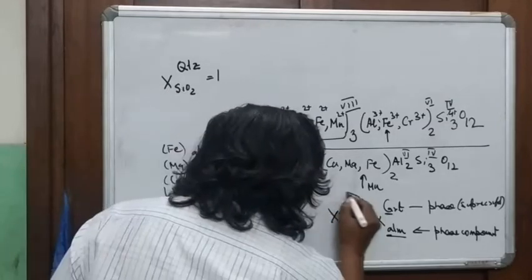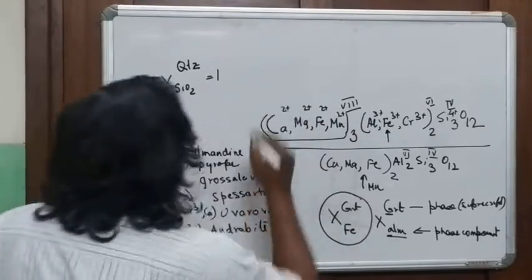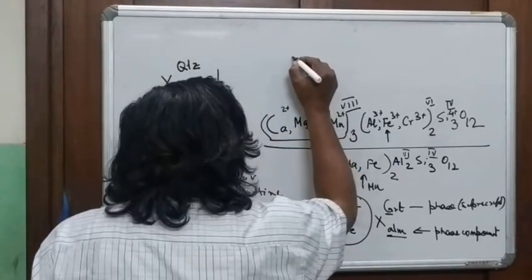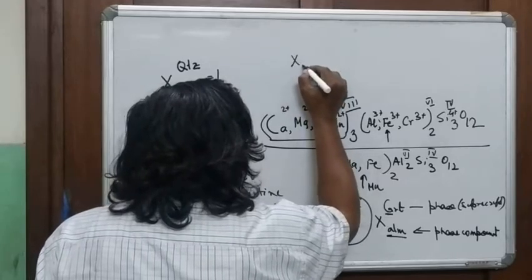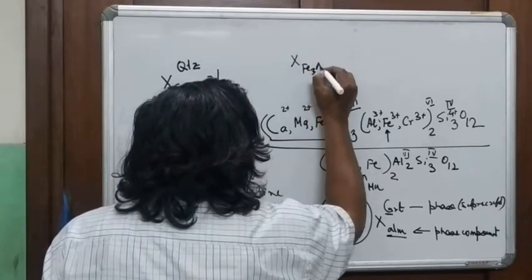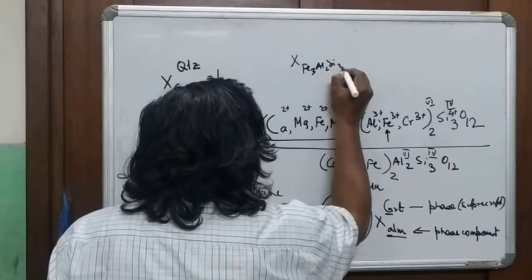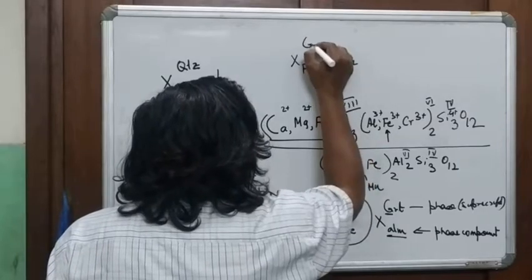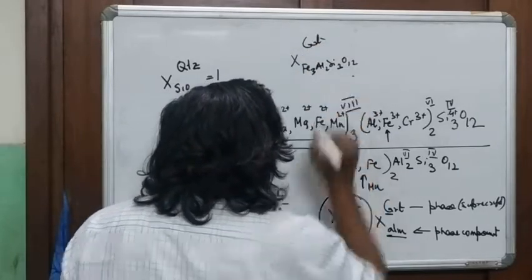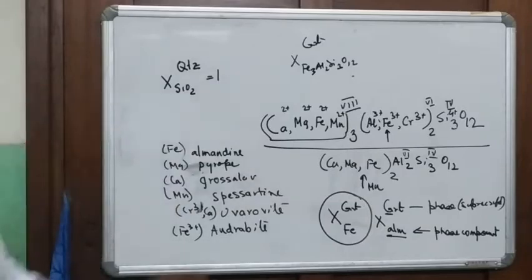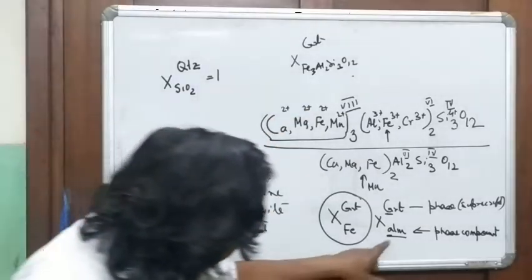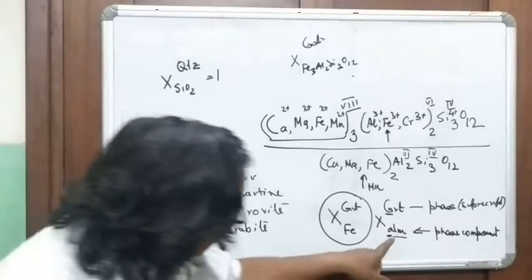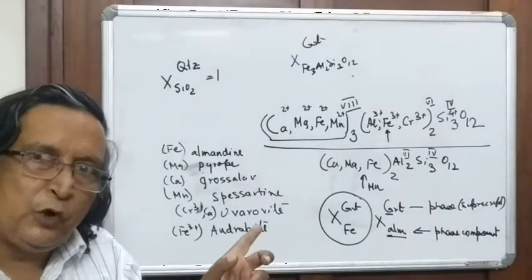Or you can write it this way. Another more complicated way is to write Fe3Al2Si3O12 in garnet. Now this takes a bit long. So what you do is you signify this as almandine, but you have to define what your formula for almandine is beforehand.